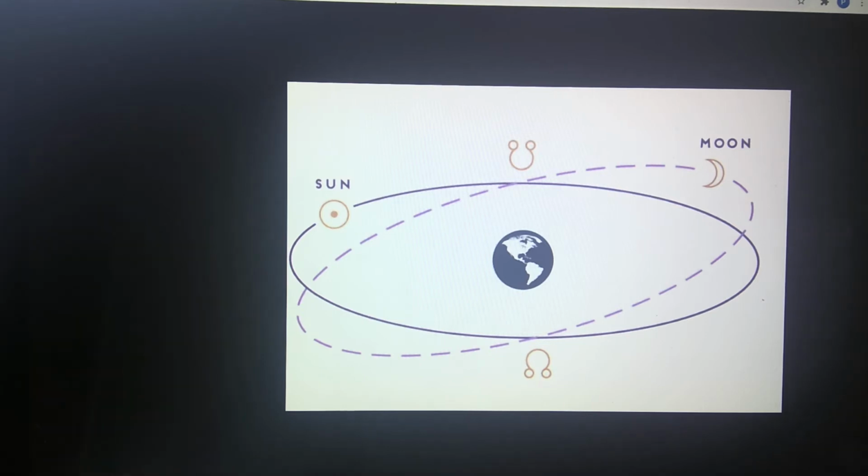So I know Cancer follows Gemini, and I know Capricorn follows Sagittarius, but they move backwards. So when they change signs this upcoming January, the North Node is actually going to go into Taurus, which is the preceding sign of Gemini. And the South Node is going to go into Scorpio, which is the preceding sign of Sagittarius.